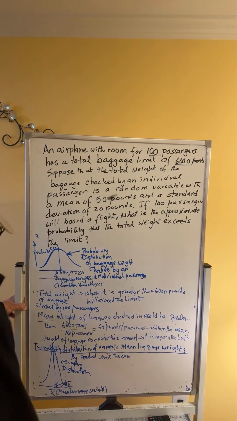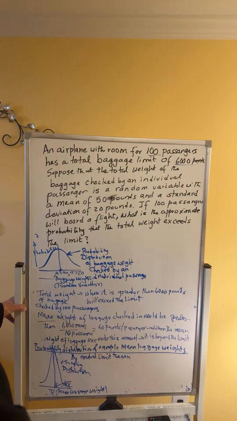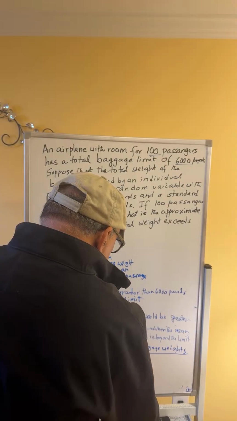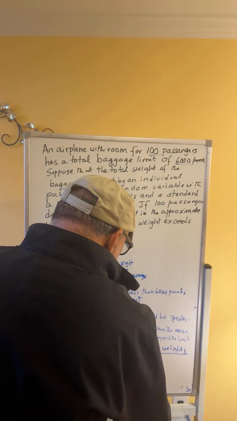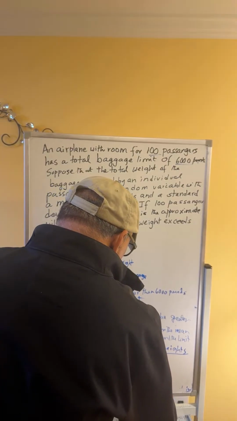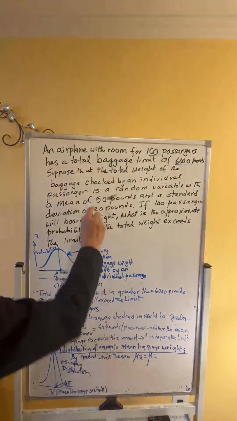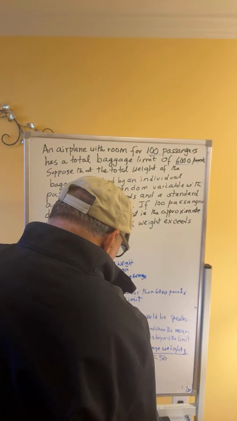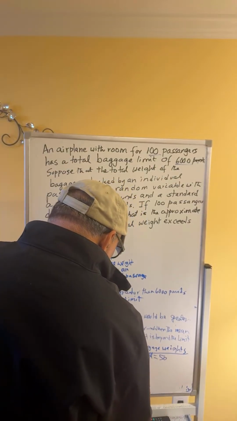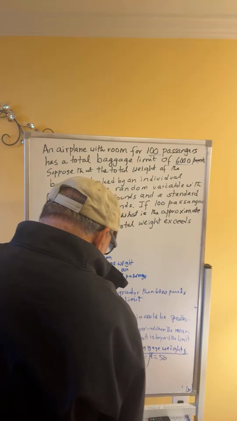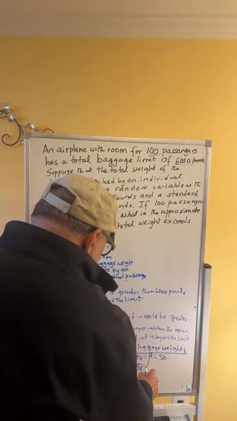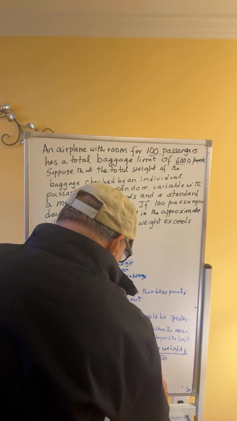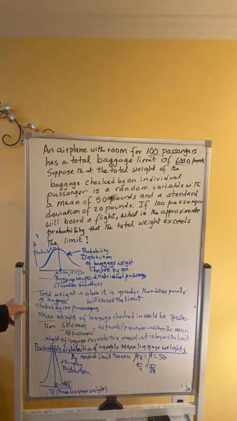By central limit theorem, the mean of the sampling distribution, mu x bar, is equal to mu, and that is given as mean weight of 50 pounds. And sigma x bar, which is the standard deviation of the sampling distribution, is sigma divided by square root of n. This comes from central limit theorem.